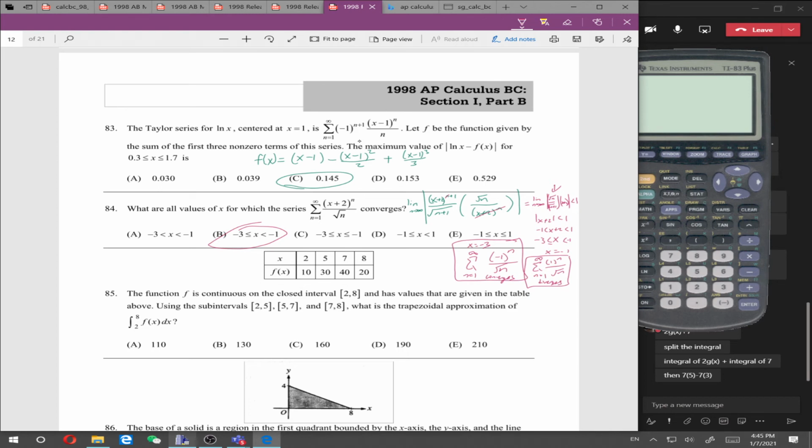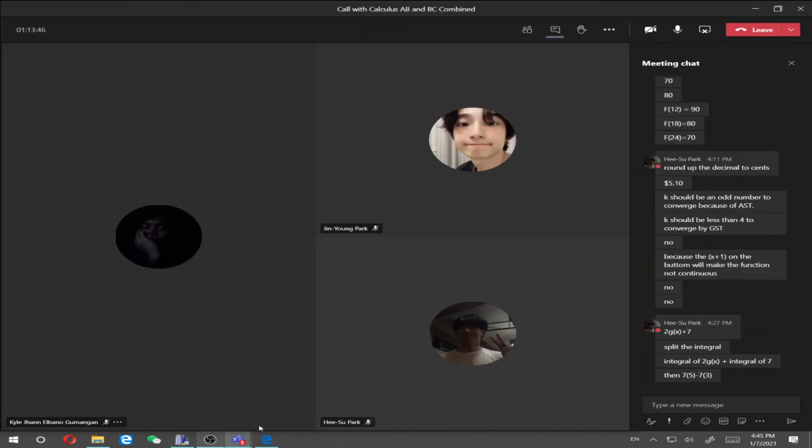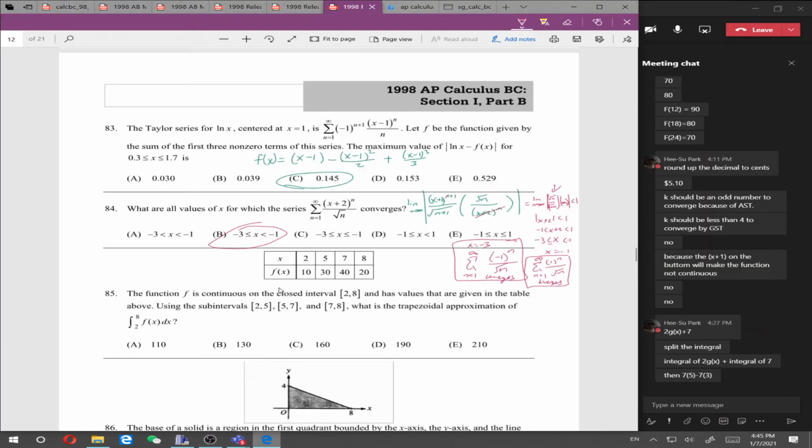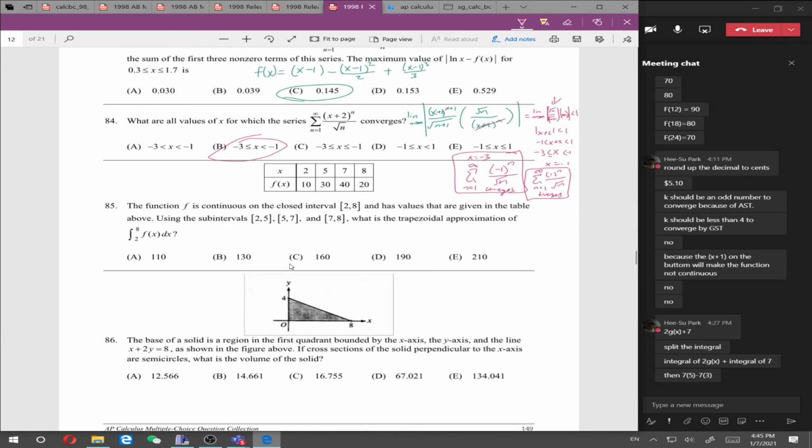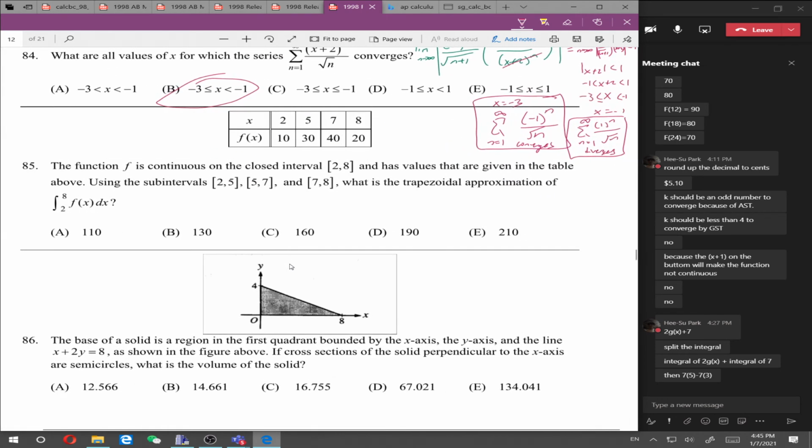Over to 85. Trapezoidal approximations. I think we can type this.